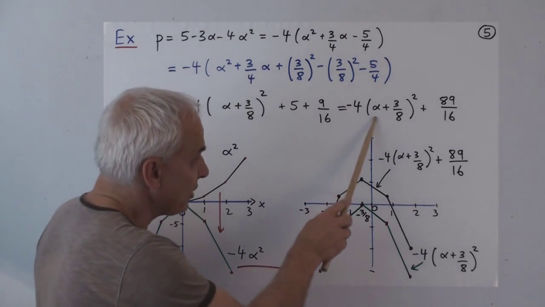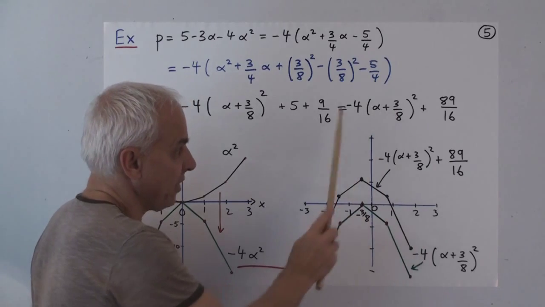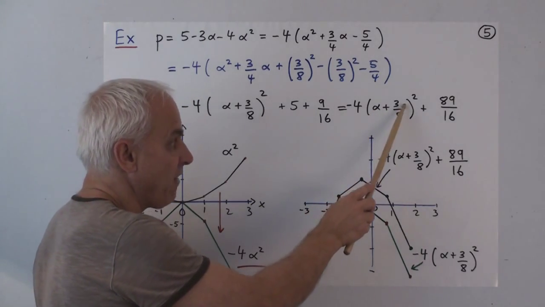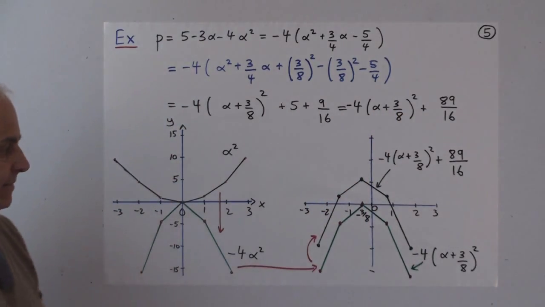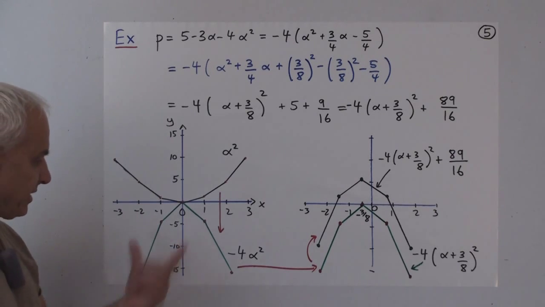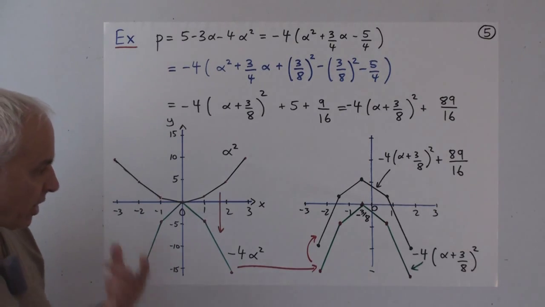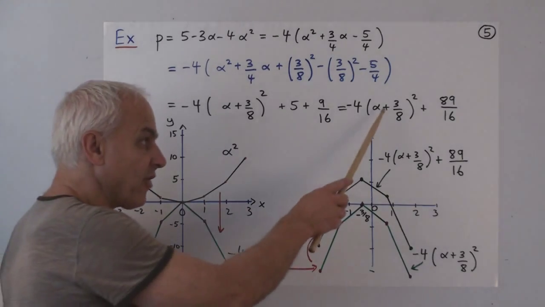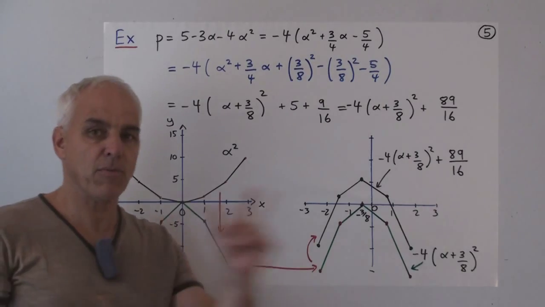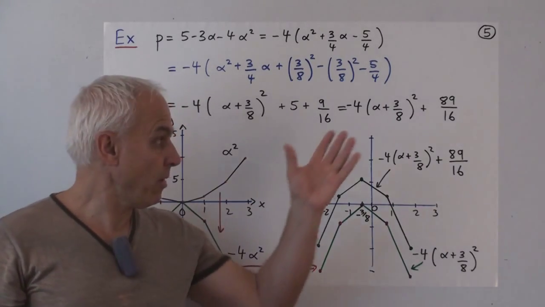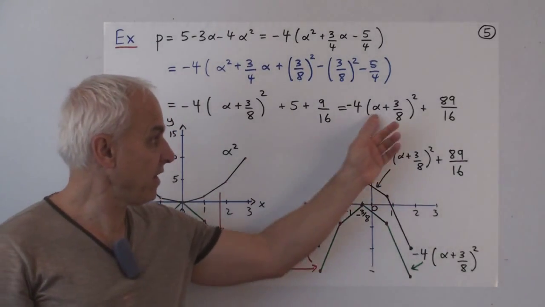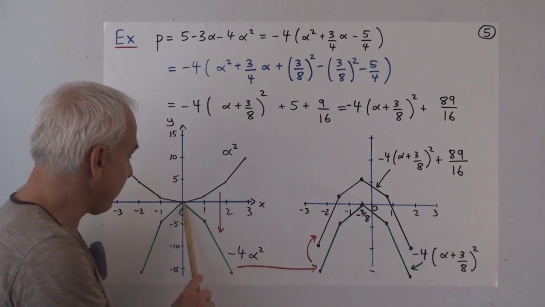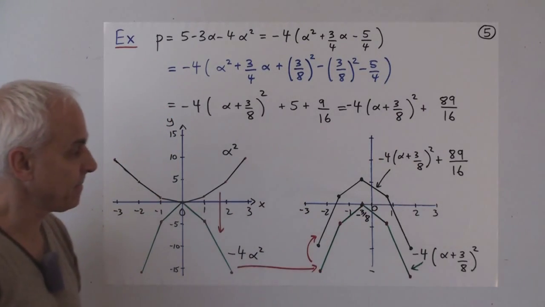Next thing we have to do is to take care of this shift in here. We're replacing α with α plus 3 over 8. So what does that do to this thing? Well, it moves it over to the left. It's a translate to the left. Okay, there's a plus sign, so you might get confused and think, oh, we're moving it to the right. No, we're moving it to the left. The graph here is to the left. And it's now got its vertex at -3/8.